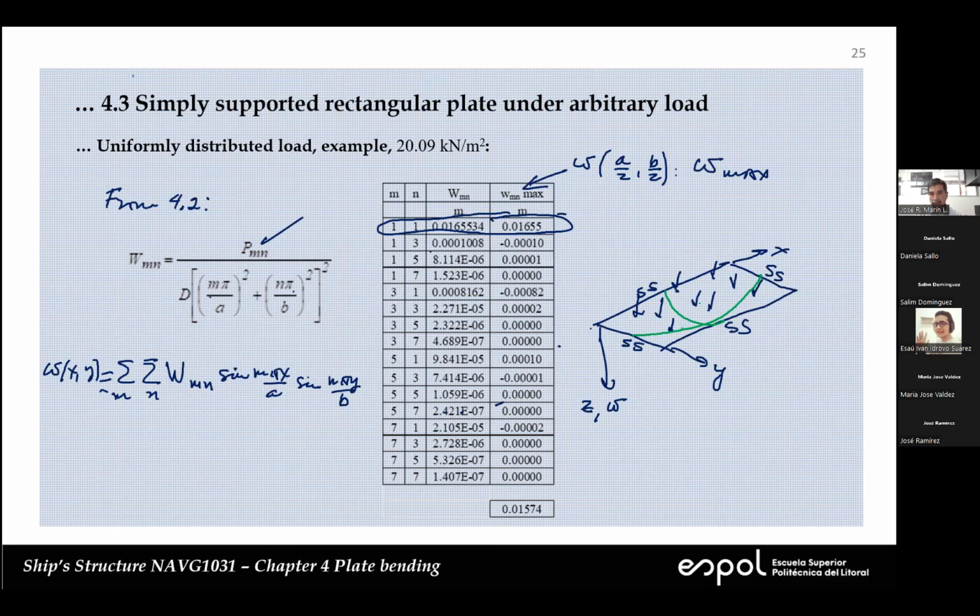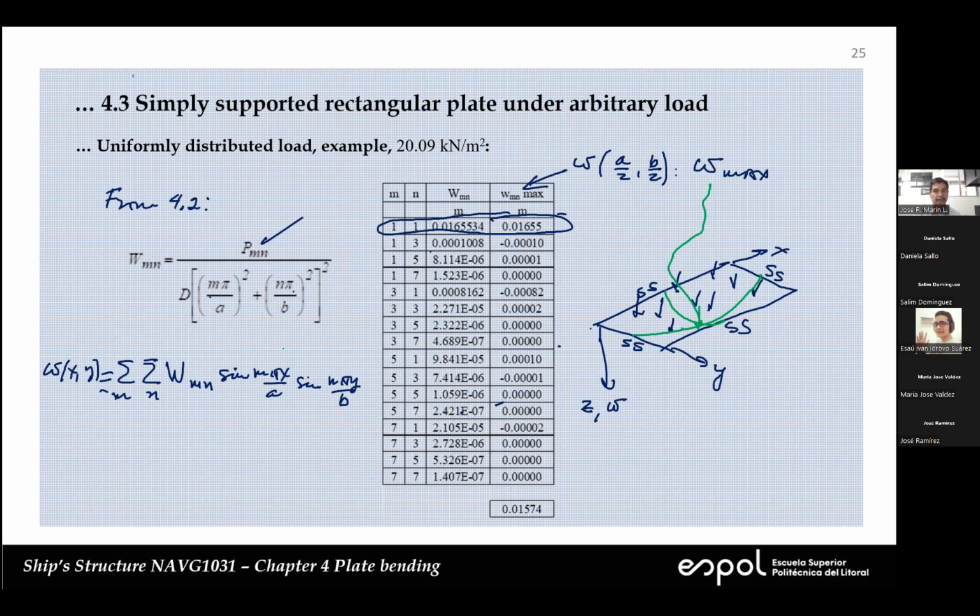So in the central point here, the maximum deflection. Since you can evaluate this on the borders, on the edges, and the sine will be 0. That's the simply supported case.